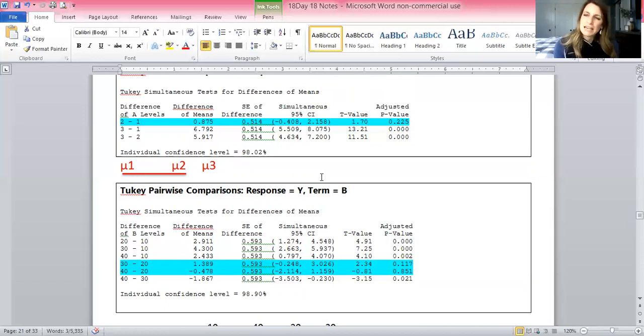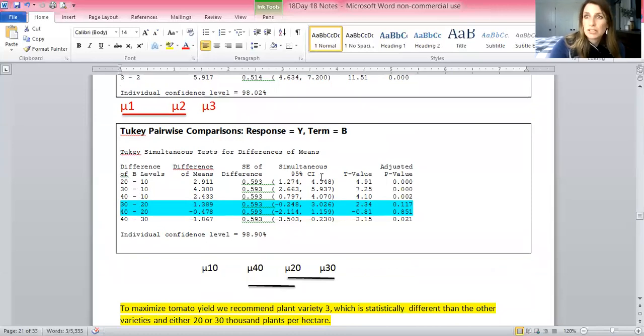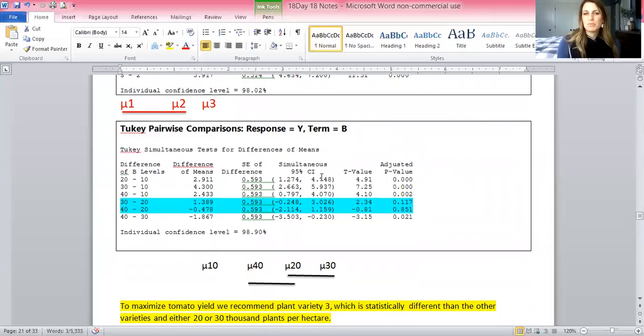So if I wanted to make an overall conclusion, which I should on these, call it a grand conclusion, the question might be, what situation do we need to have the maximum yield, right? To have the best possible situation. That would be variety 3 with a density of 30 or 20, because 30 and 20 are statistically the same.